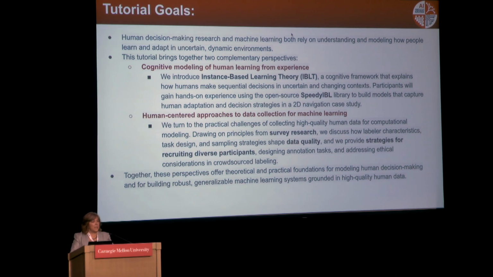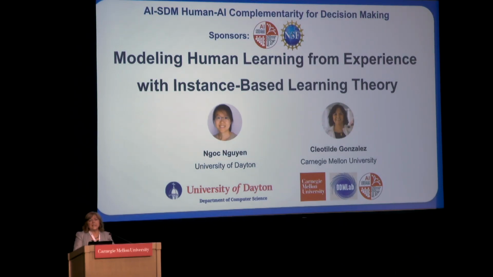And then we are going to turn to the practical challenges of survey design and survey research, how to assure data quality. And so together, these 2 perspectives, the theoretical and practical foundations, provide us more information for modeling human decision-making. So let's start with the first part, which will involve Ngoc and myself.